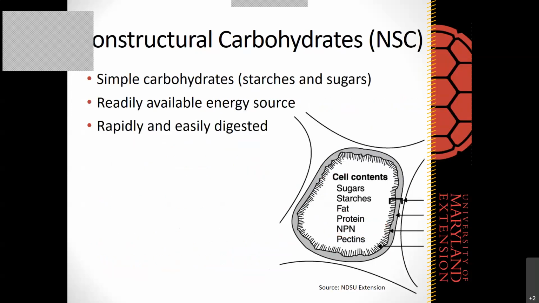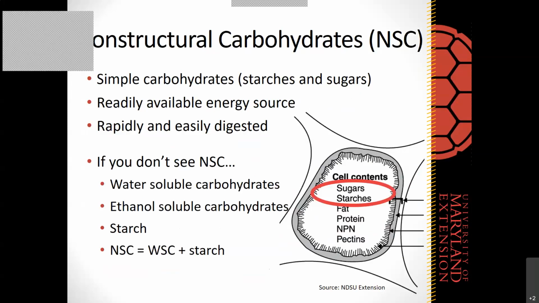Another one of our interior cell components is the non-structural carbohydrates, or NSC. And this is a measure of more of the simple carbohydrates like the starches and the sugars. These are basically a readily available energy source. So they are rapidly and easily digested. So, there you have the sugars and the starches that are inside.